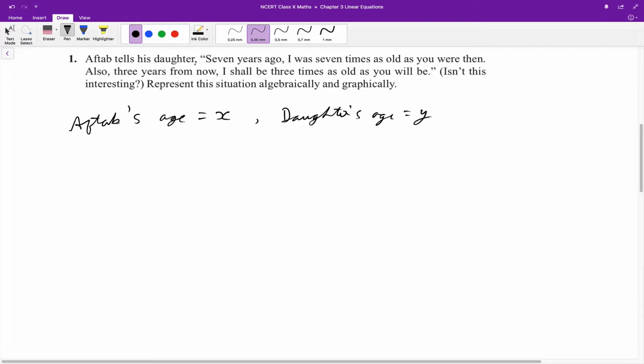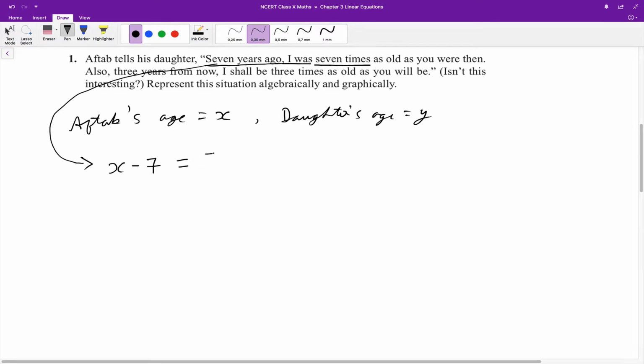Now let's put what he's saying in mathematical terms. 7 years ago I was 7 times as old as you were then. If Aftab's age right now is x, let's say 35 or something, then 7 years ago his age would be 35 minus 7, or x minus 7.